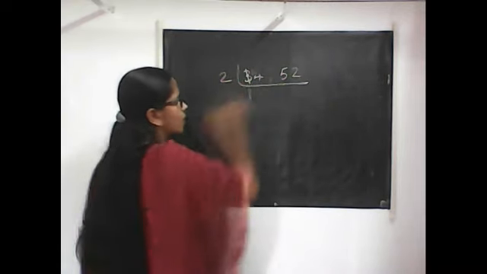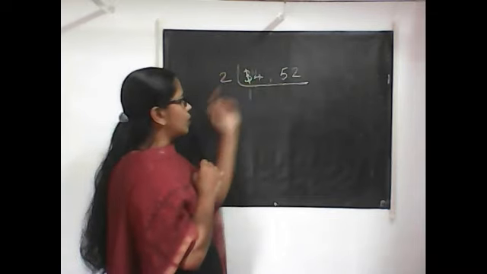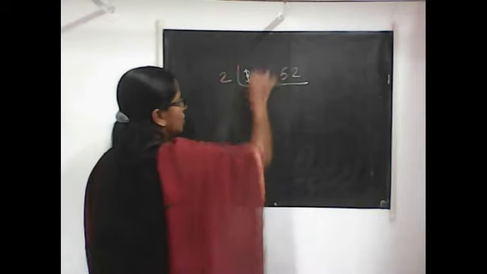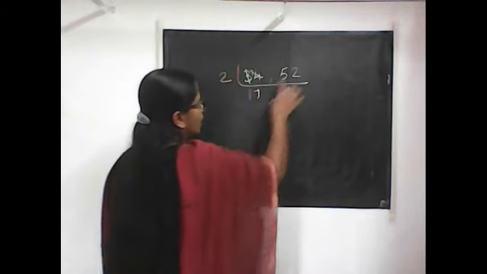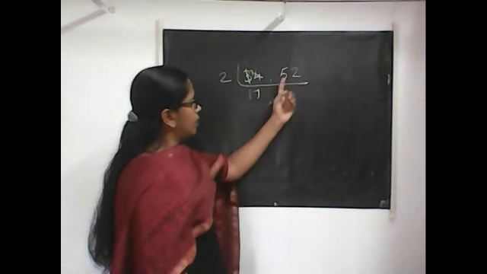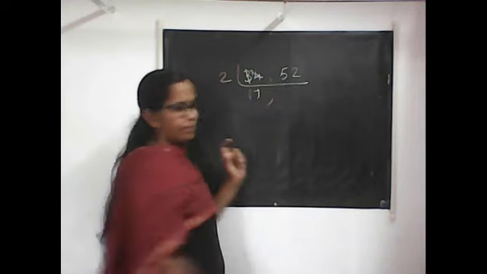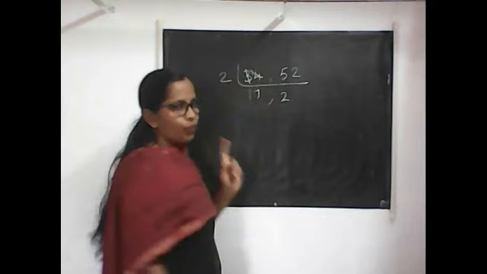And the number is 14. Now, you have to divide 14 by 2. Saying the table of 2, you will get 7 times. So, cut off 14 and you got 17. Put a comma and consider this. Here, in 5, how many times 2? 2 times. 2 twos are 4.